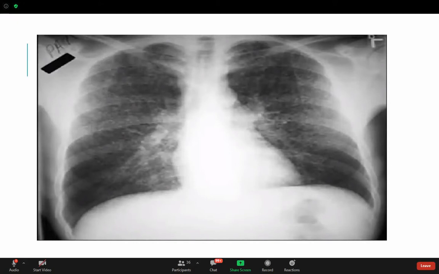So malignancy, mets, what else? Silicosis, okay. Okay, what else, guys? Those are very nice differential diagnoses.